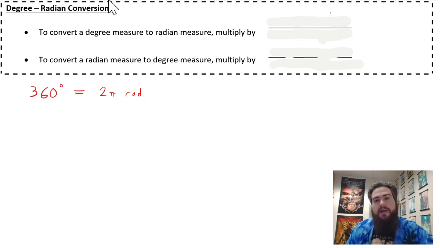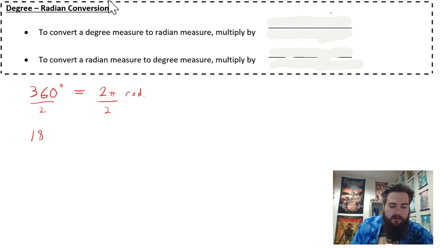Or we can also make this a little bit simpler, since both sides of this equality involve an even number. We should be able to divide both sides by 2 and instead say that 180 degrees is equal to pi radians.